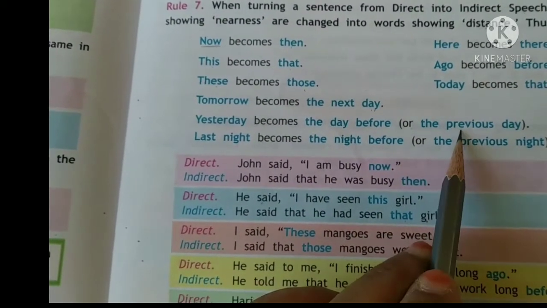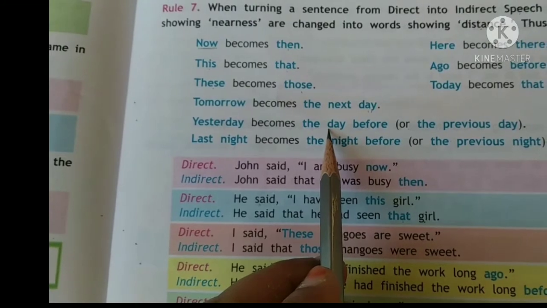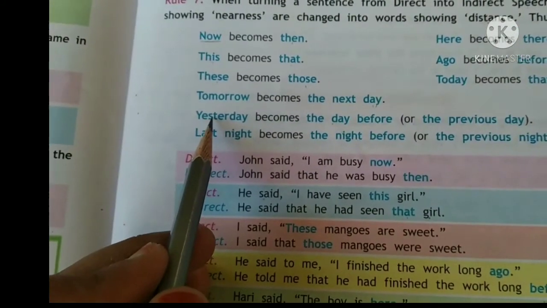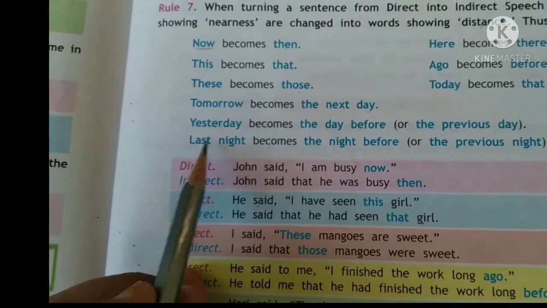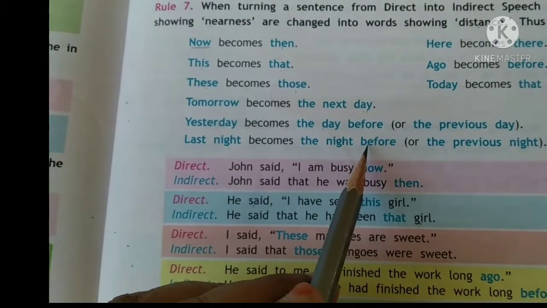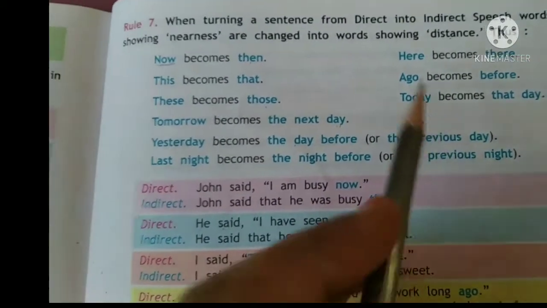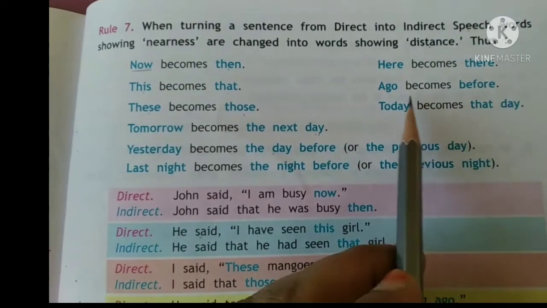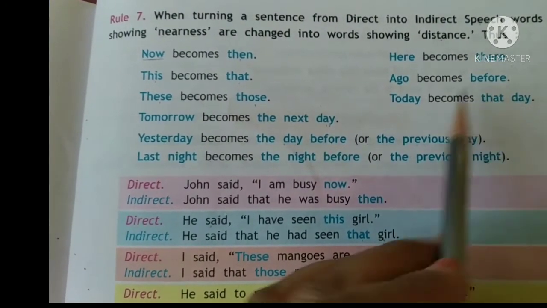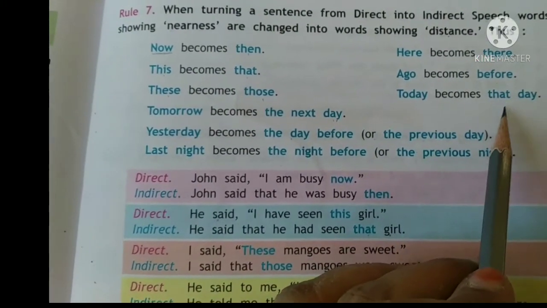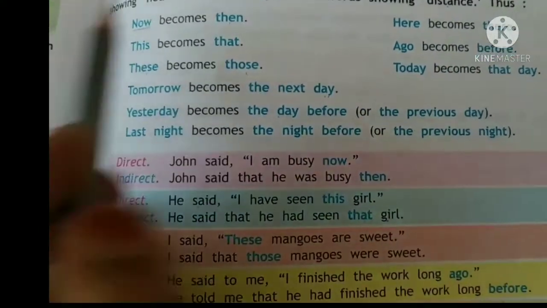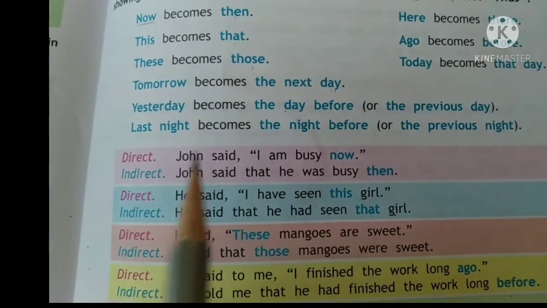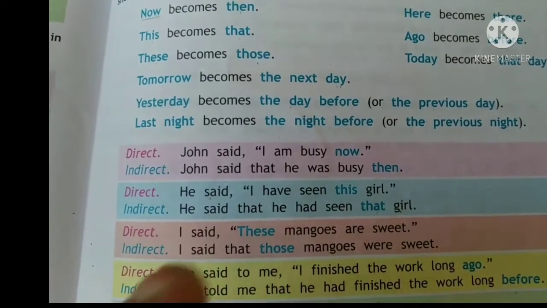Both are right. This will be written in the indirect if we have yesterday in our direct speech. Last night will become the night before or the previous night. Here becomes there. Ago becomes before. Today becomes that day.